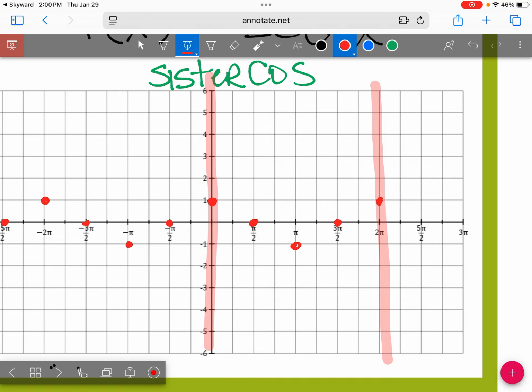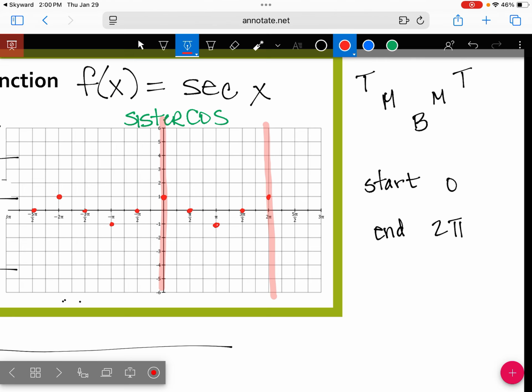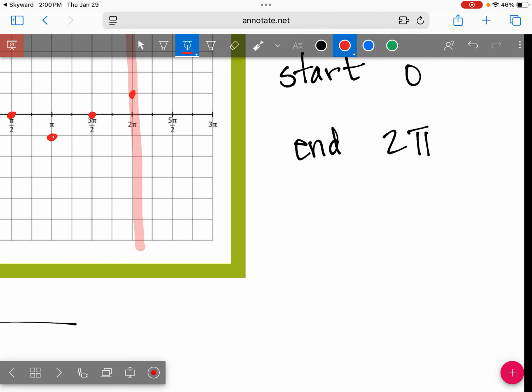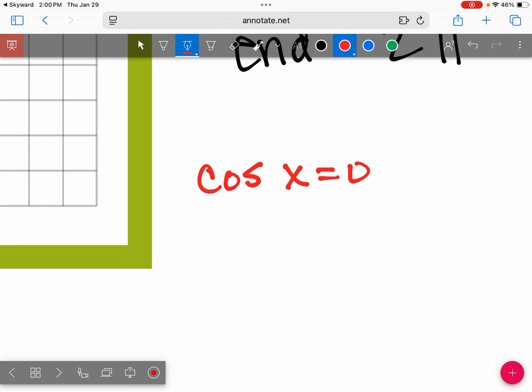Okay. So let's talk about it. Whenever cosine is equal to 0, remember 0 is the same thing as 0 over 1. We don't think about it, but 0 actually does have a denominator, which means the secant would be 1 over 0. What's the problem with 1 over 0, though? It's an error. It's undefined, right? Because it's undefined, that means we have a vertical asymptote.